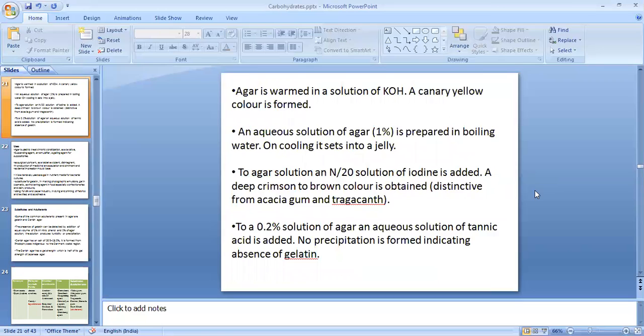When agar is warmed with a solution of potassium hydroxide, a canary yellow color is formed. And when you take agar, boil it in water and cool it, you get a stiff gel. When agar solution is treated with N/20 iodine, a deep crimson to brown color is obtained, which is a distinction from acacia and tragacanth.